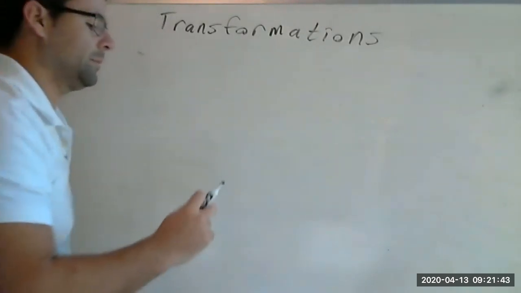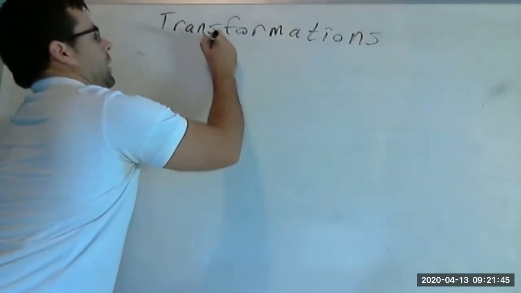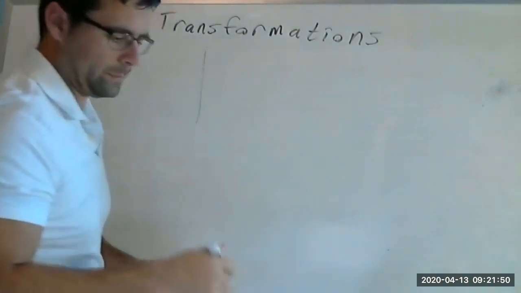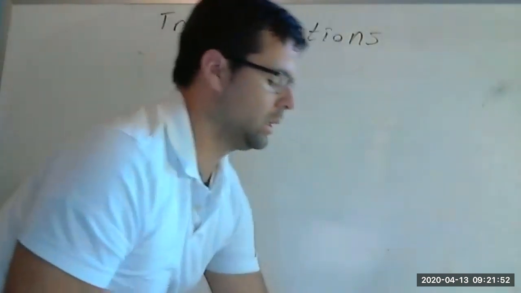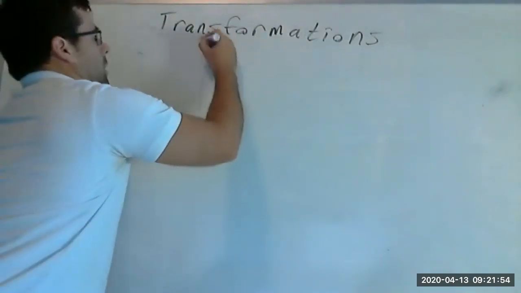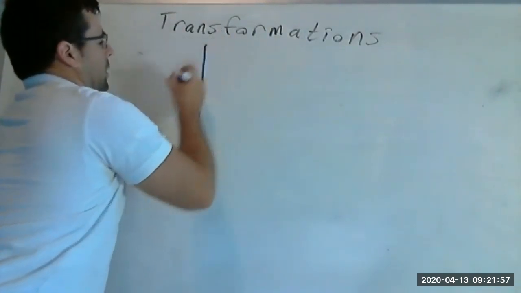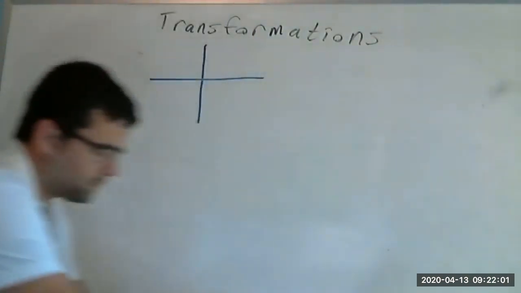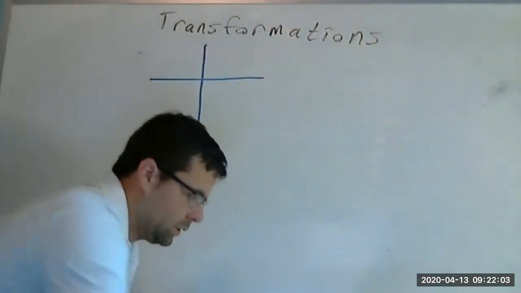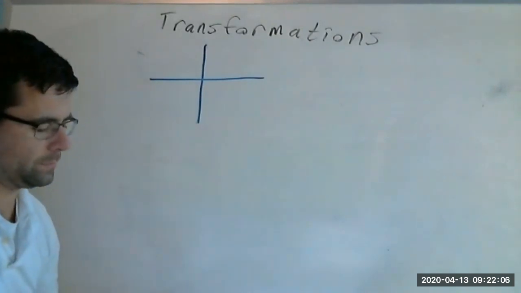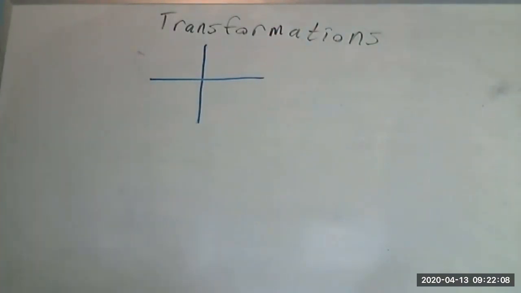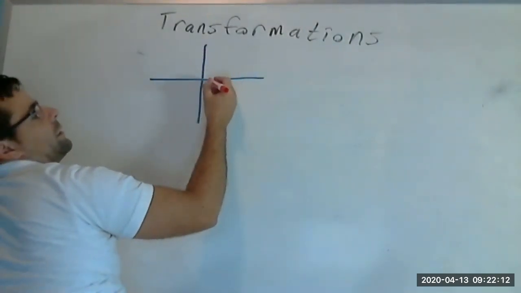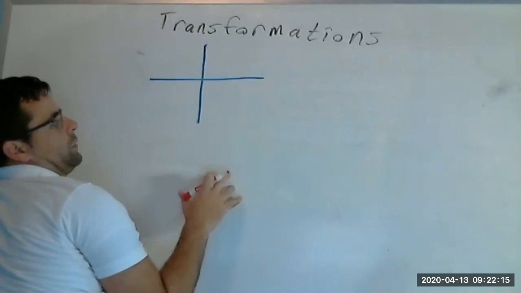So this is our graph. Let's see. What kind of line do we want to do for this one?